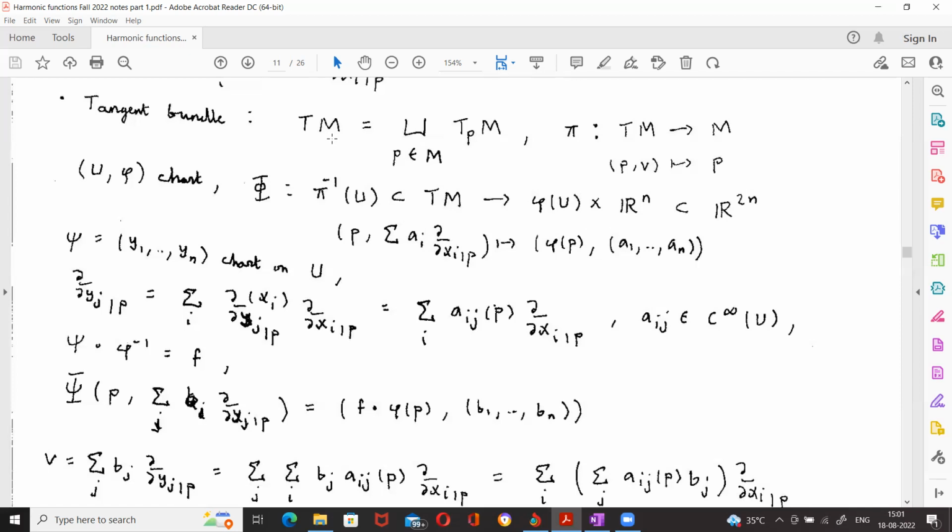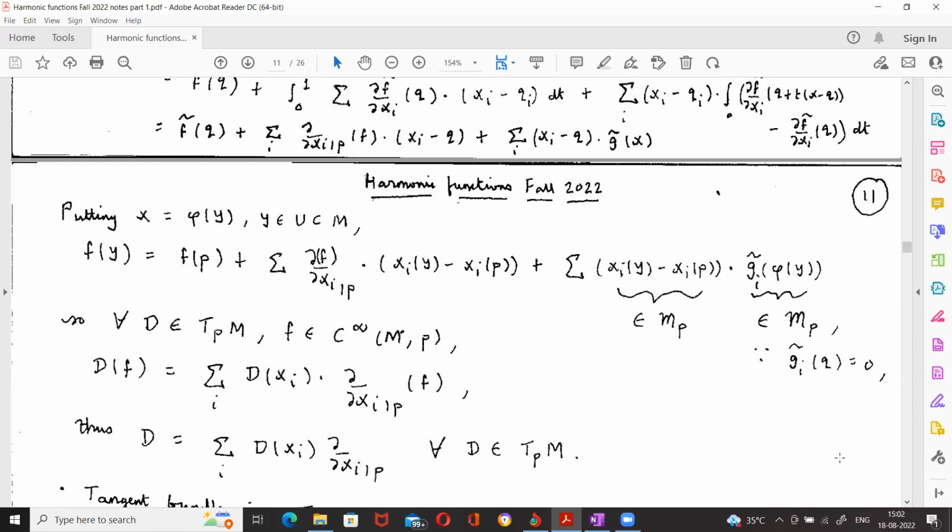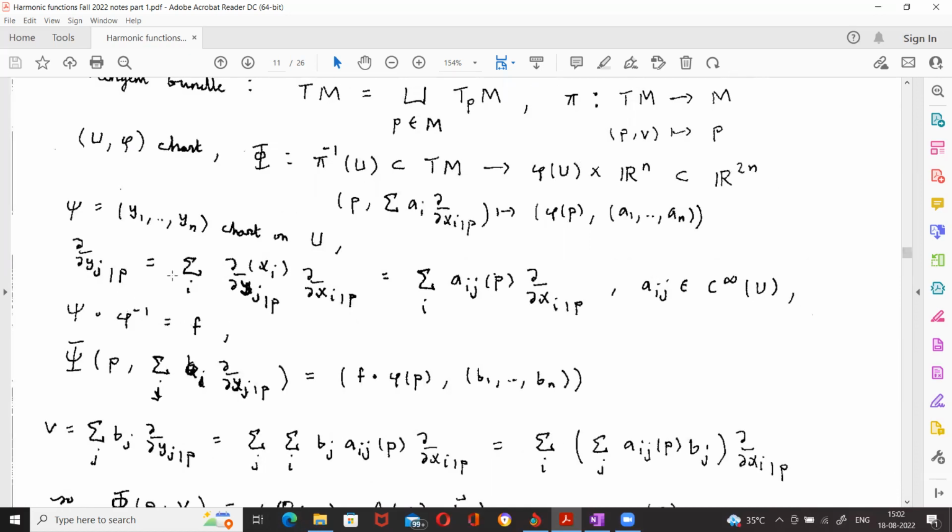Now I have to check that the change of charts is smooth. This chart capital phi came from a chart little phi on M. Now I want to see what happens if I choose a different chart little psi on M on the same open set U. Then I will get a different chart on pi inverse U. So psi has coordinates y1 to yn, and it gives me a basis of the tangent space, del/del yj. By the formula we have, for any element of the tangent space, d equal to the sum over i of d of xi del/del xi, I can write del/del yj as the sum over i of del xi/del yj times del/del xi.